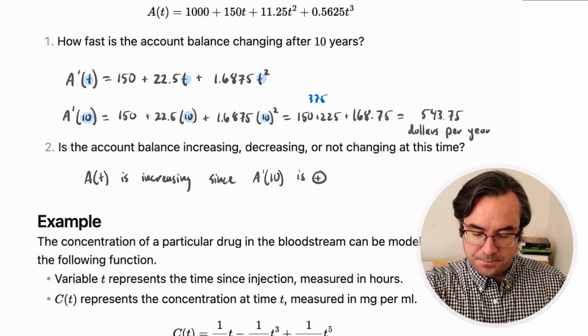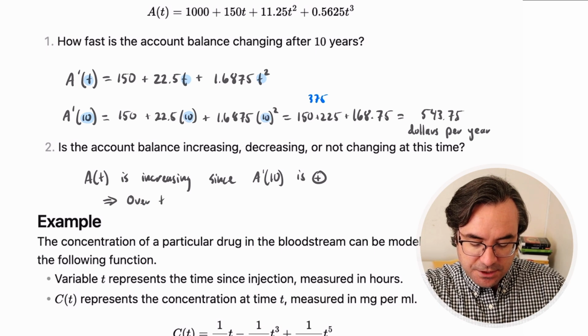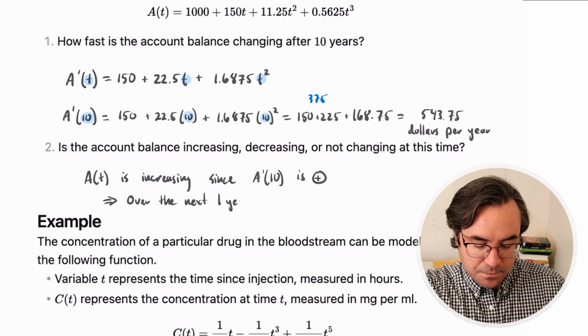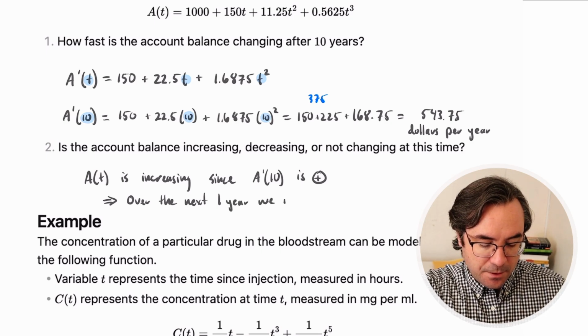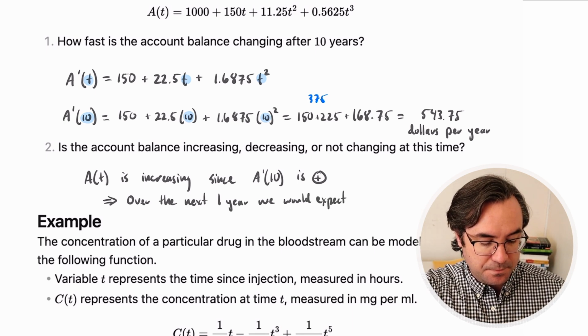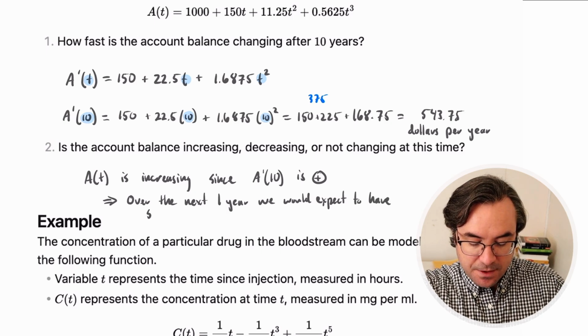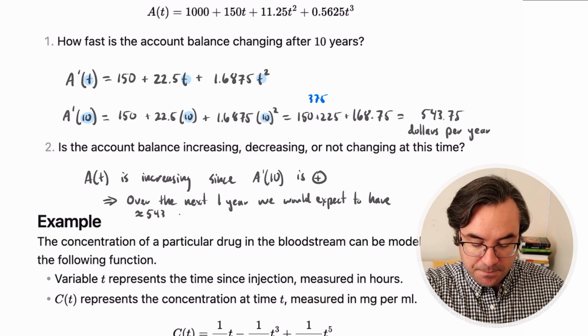So you can think of this as really over the next year, we would expect to have approximately $543 in our account.